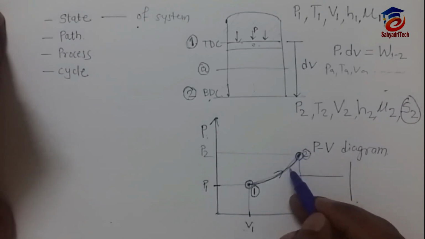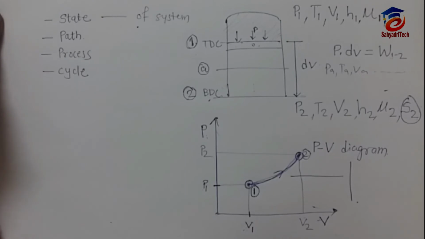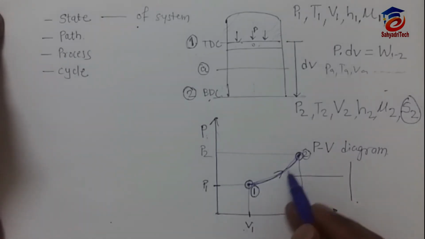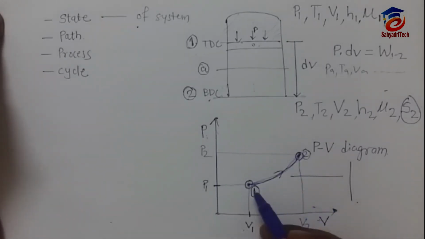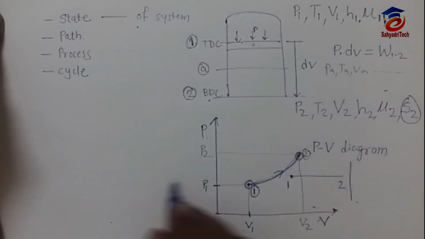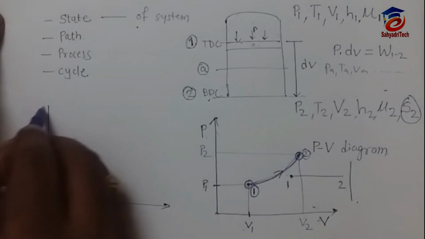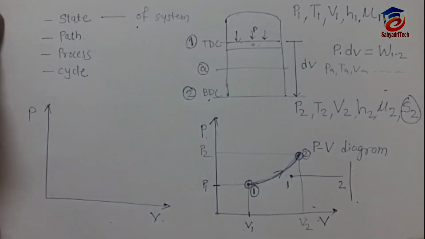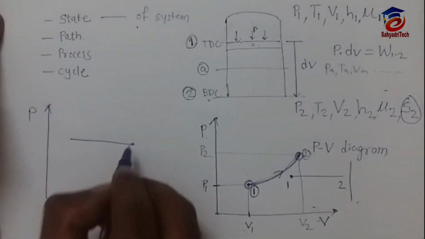If I know its nature, that will be the process 1 2. Let's say it is an adiabatic process, or a constant volume process, or a constant pressure process. Suppose it is parallel to V, meaning it is a constant pressure process. Here I will show you. See, this is the path.